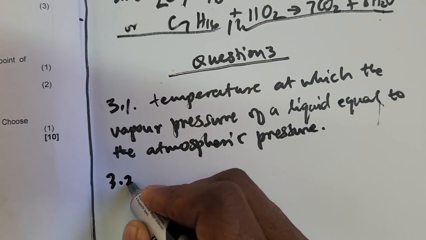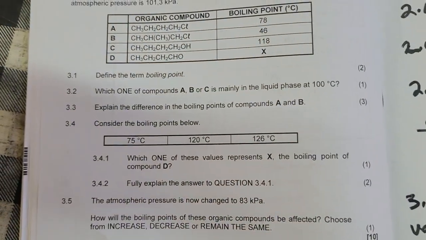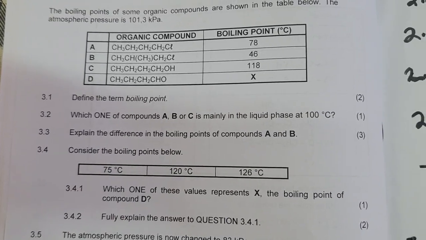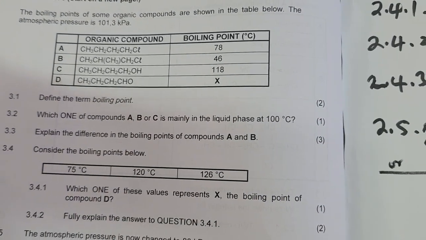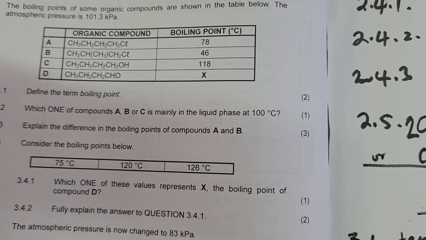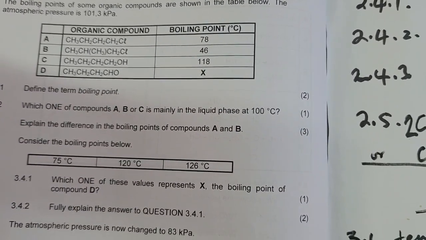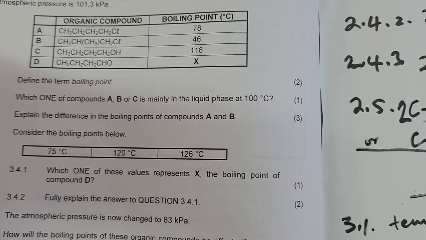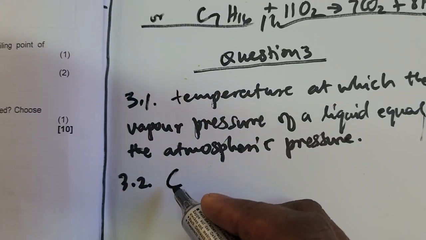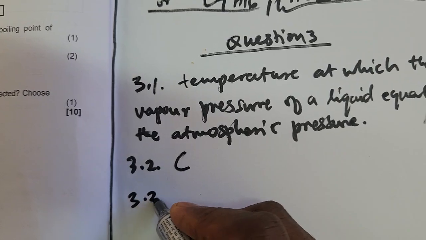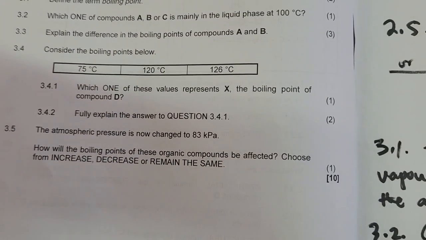Find 3.2. They're saying to us, which one of the compounds A, B, C is mainly in the liquid phase at 100 degrees Celsius? Which one has not yet boiled at 100? It will be only one, is C. For the answer there is C. The other ones have already boiled at 100.